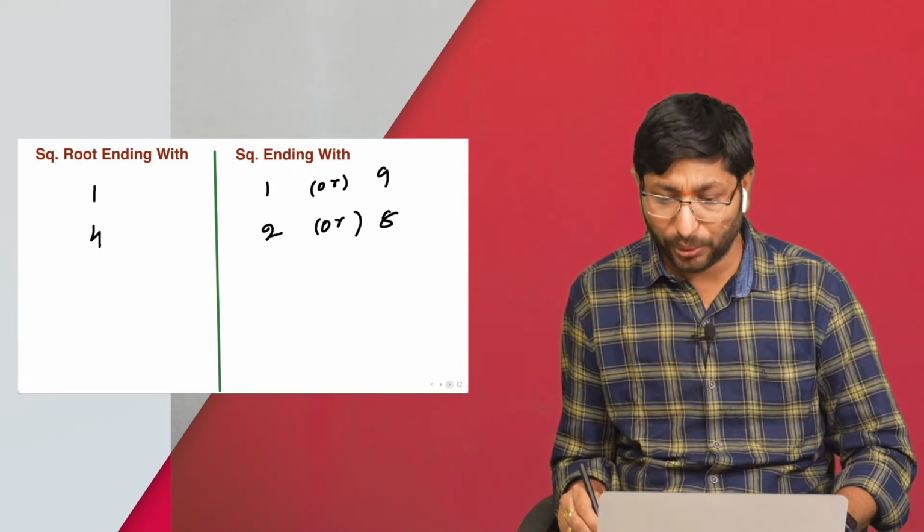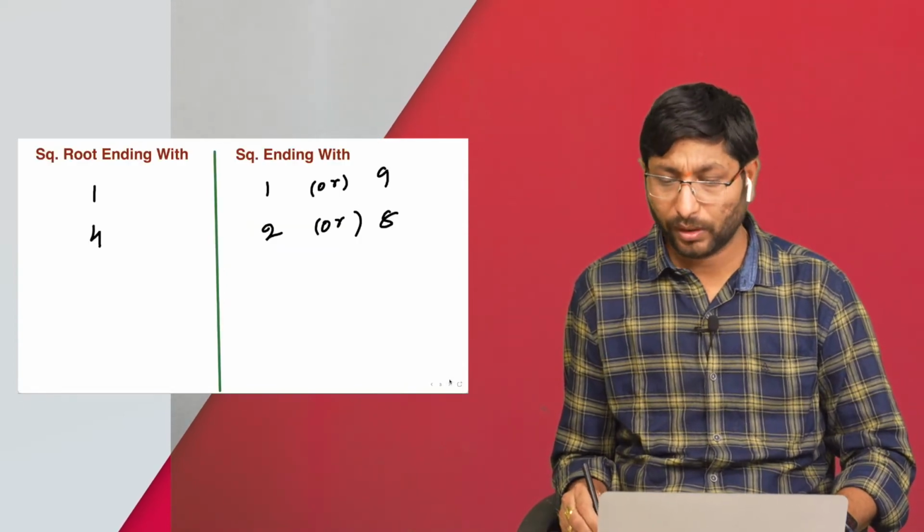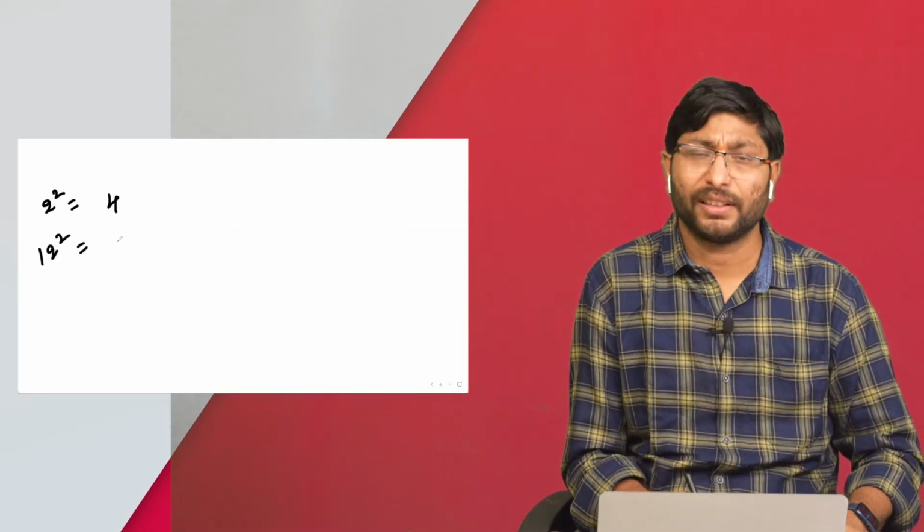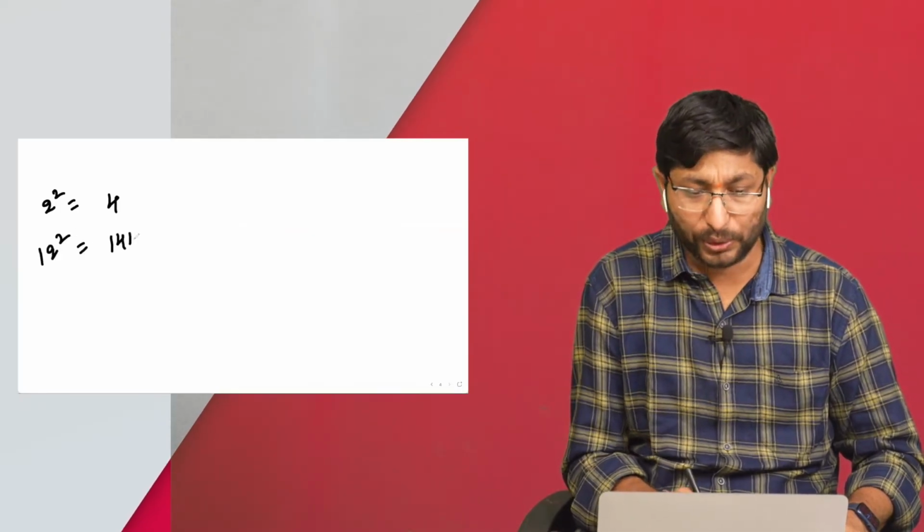Let me give you the proof. What is 2 square? 4. What is 12 square? 144.